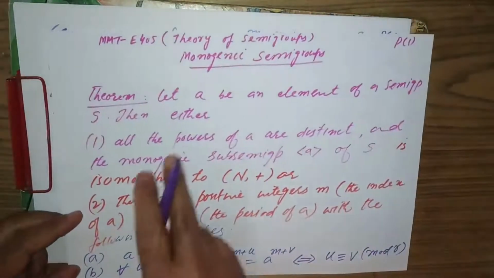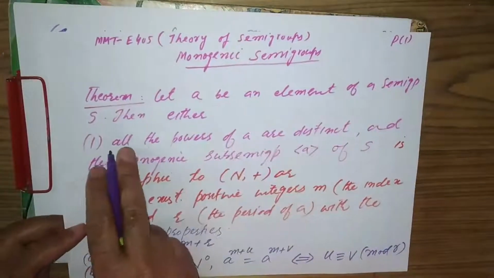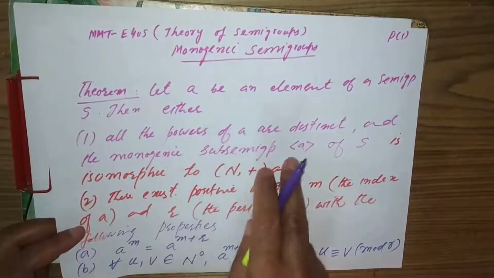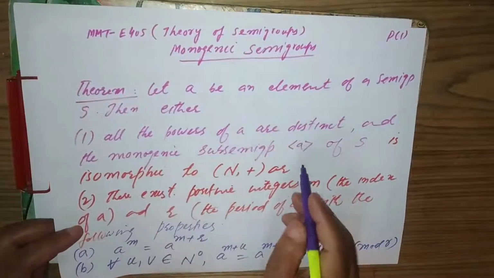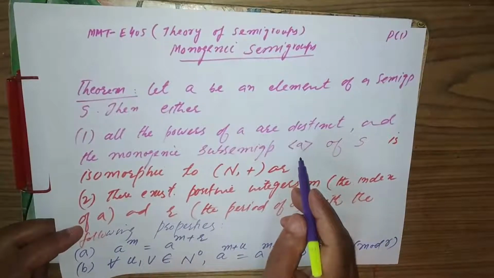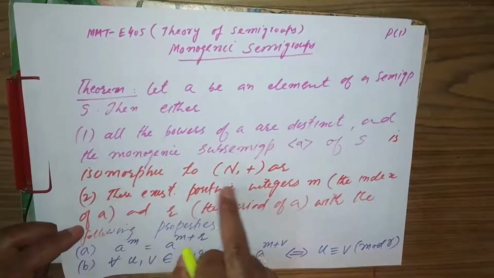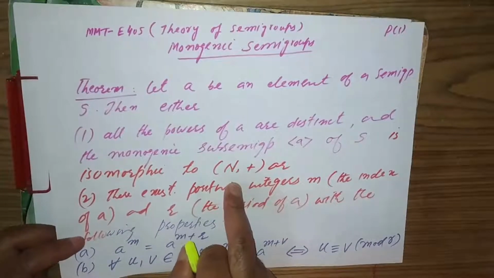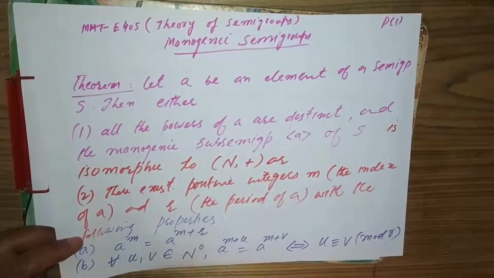So let A be an element of a semigroup S, then either all the powers of A are distinct, and in this case the semigroup generated by A, the monogenic subsemigroup of S, is isomorphic to the semigroup of natural numbers under addition operation.